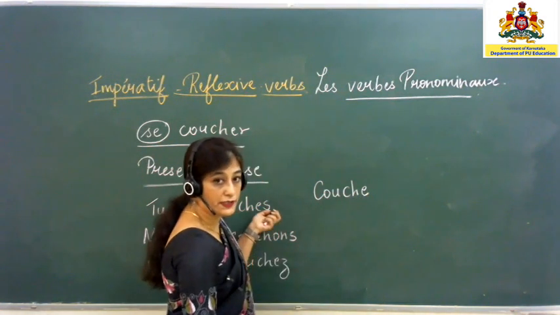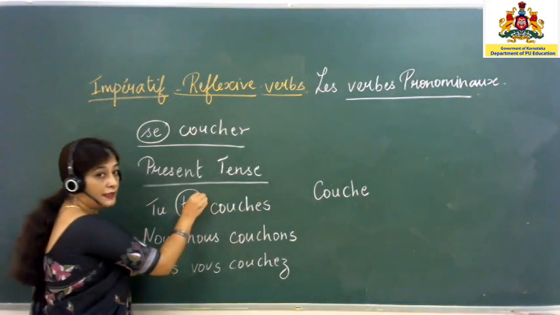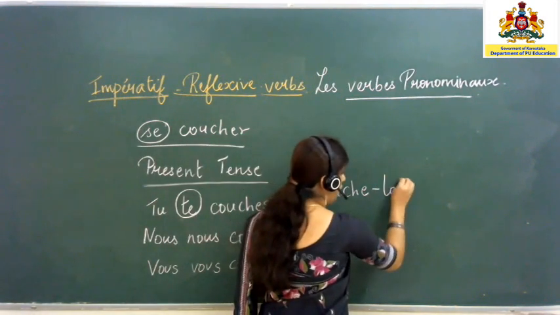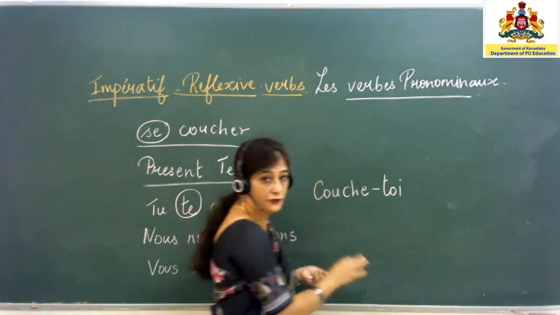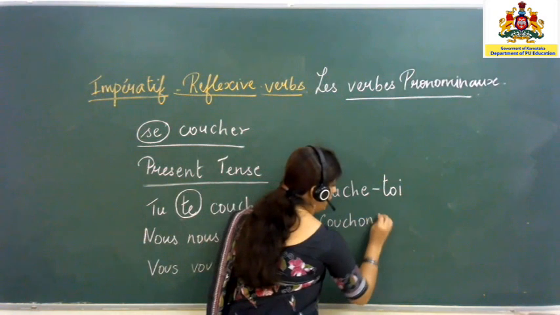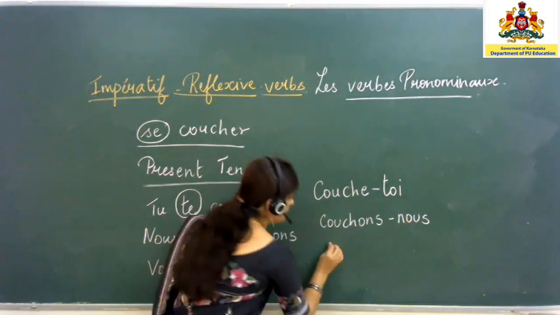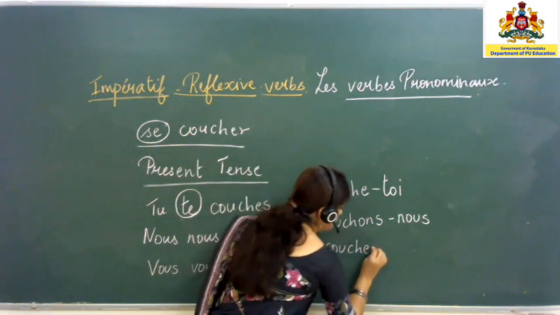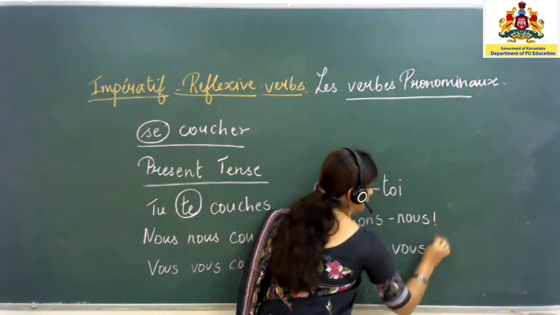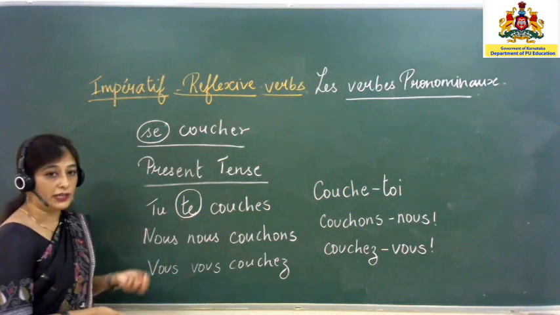So, you are removing this s. Okay. Couche. Now, this te will change to toi and is placed after the verb. Couchons-nous. Couchez-vous. Take down the rule, the verb, then I will explain the rule again to you. I will write the rule on the board.